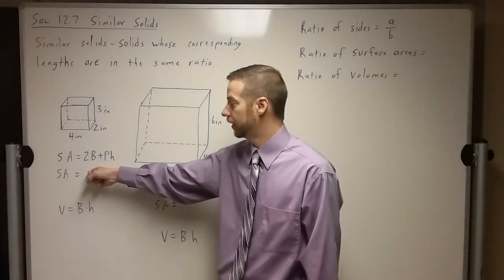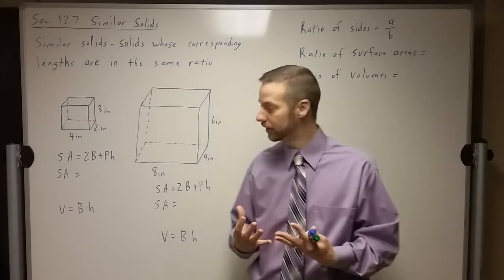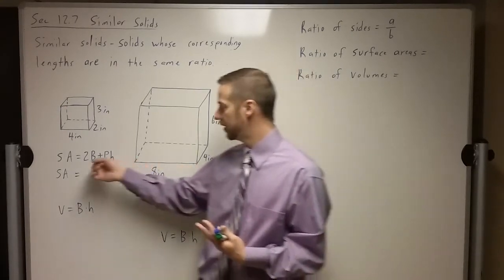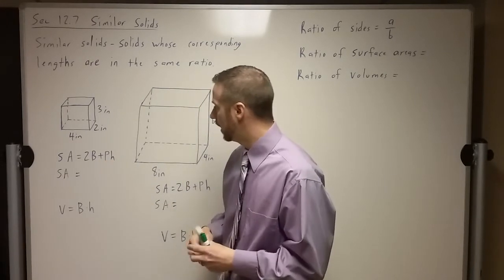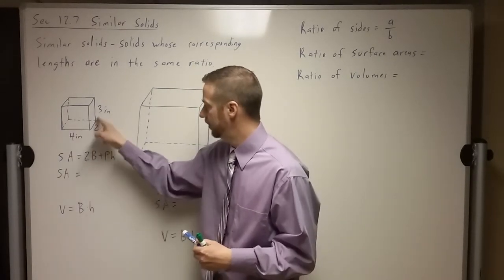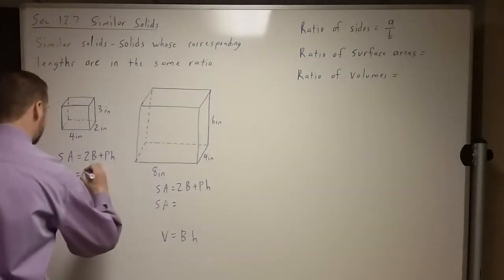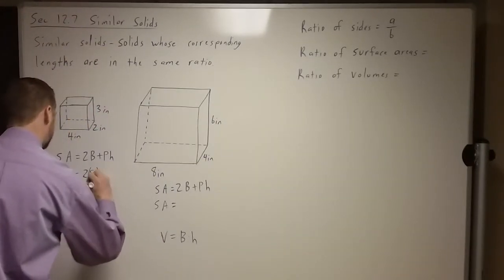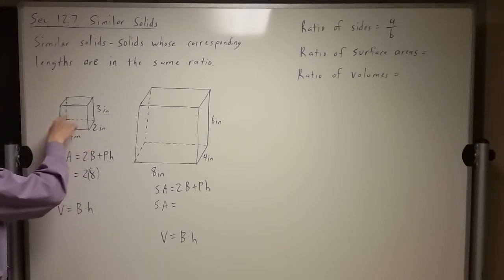So let's do surface areas first. I put the formula up here. This is a good reminder of how to do some of this stuff. Surface area is 2 times the area of the base plus perimeter of the base times the height. The base here is a rectangle that's 4 by 2, so the area of the base would be 8. Plugging this in, I have 2 times 8 plus perimeter of base, 4 plus 2 plus 4 plus 2, so we've got 8, 9, 10, 11, 12.